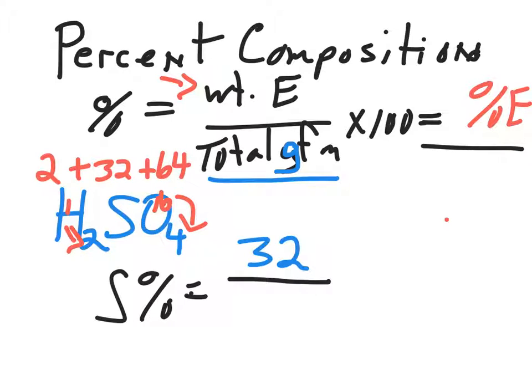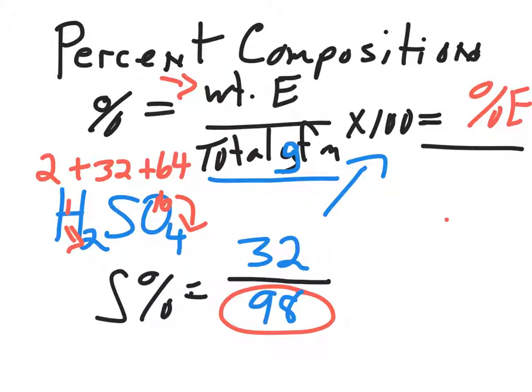Okay, so now you're going to have 2 plus 32 plus 64. What's my total GFM? What's my total molar mass? It's more than 50. 98. Very good.